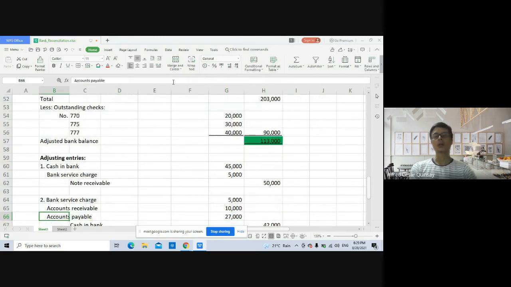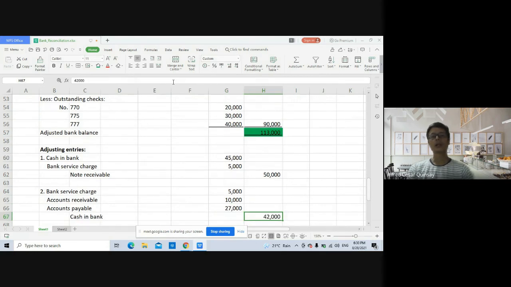The disbursement was short by 27,000. So the total of 5,000 plus 10,000 plus 27,000 will give you a total book credit, which is a deduction, of 42,000.